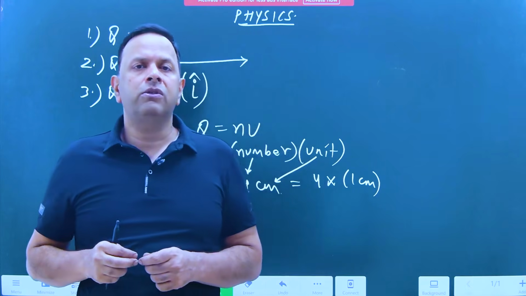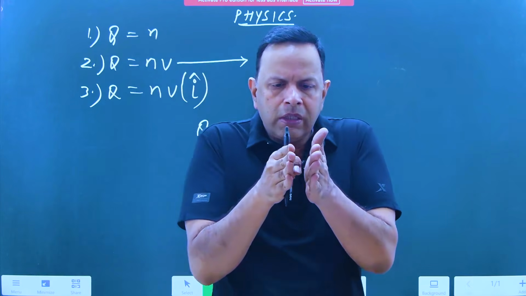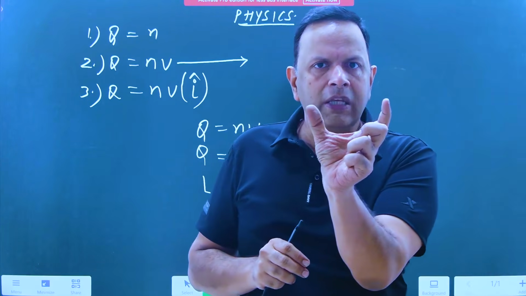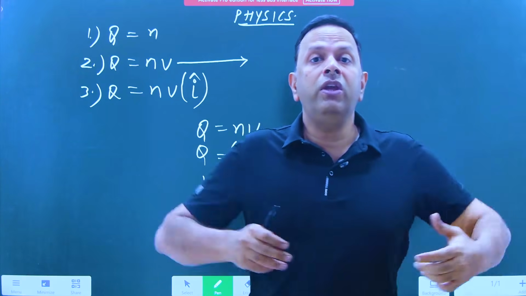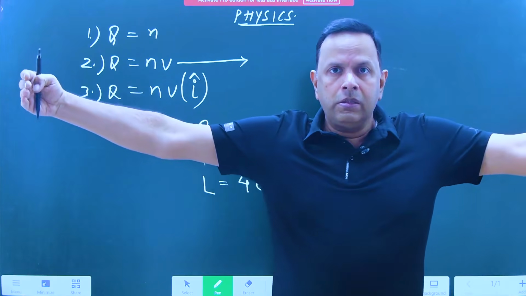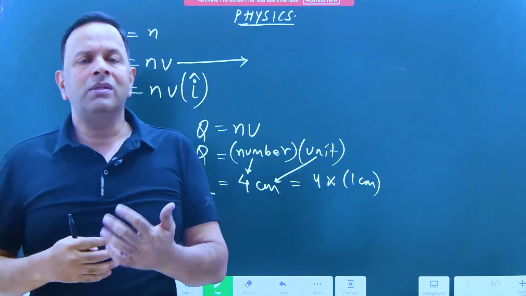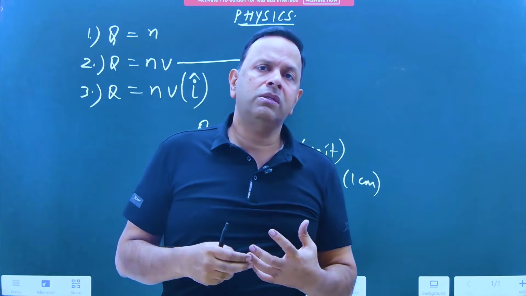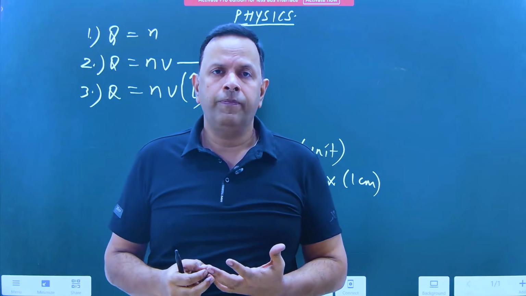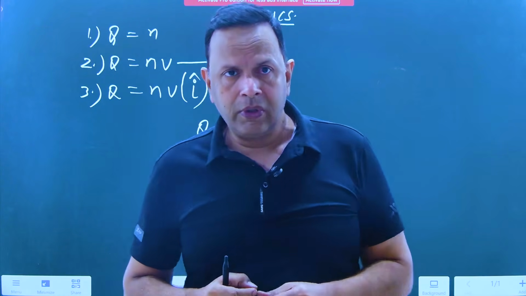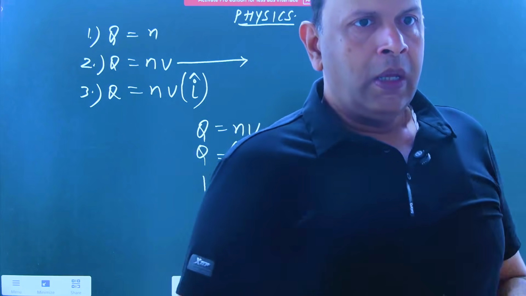If I say it is 4 centimeter, it will be this big. If I say it was 4 inch, maybe it is somewhat like this big. If I say it is 4 feet, maybe it is as big as the span of my two hands. So once you know the unit, you get the chance to assess the magnitude. Okay, so yes, this is the benefit of using the unit.